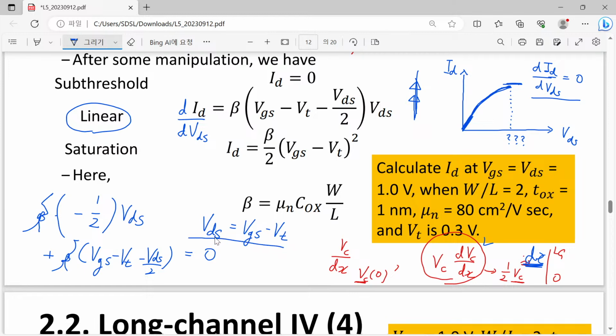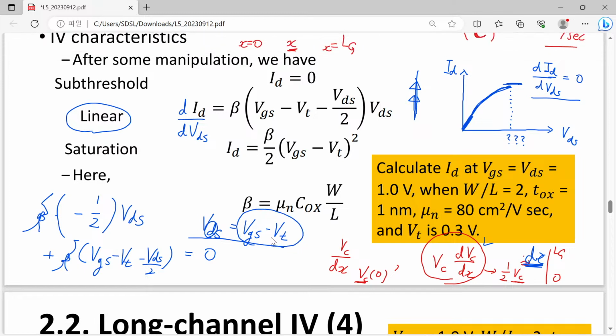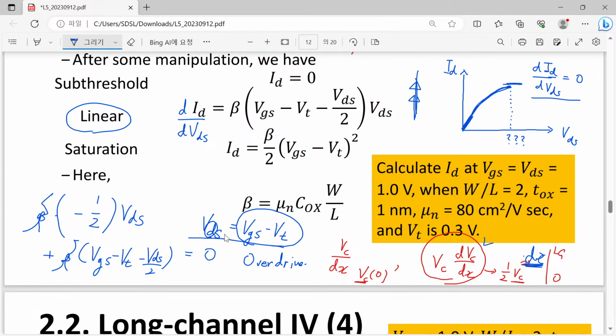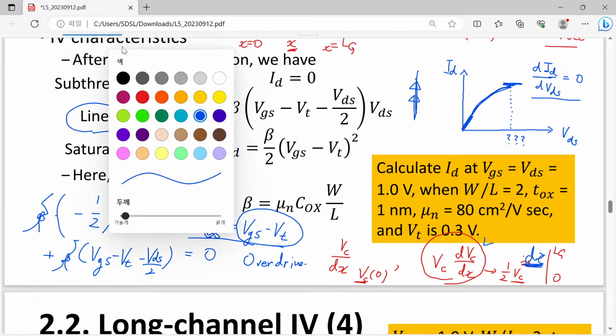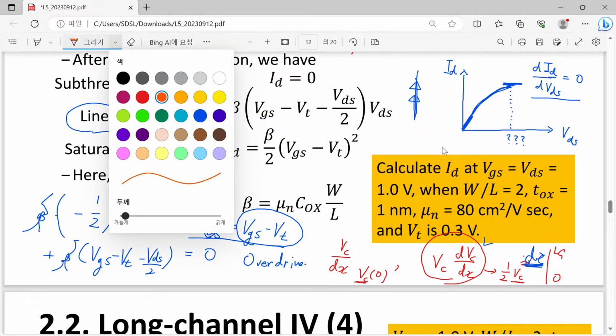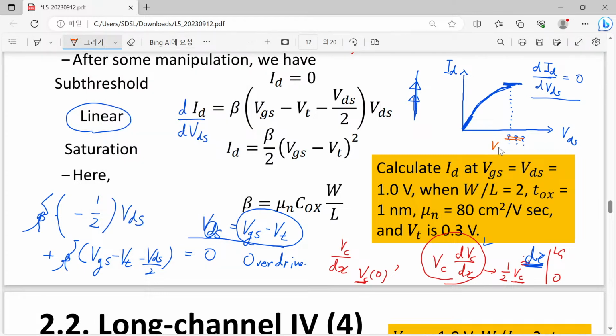Simply speaking, when your drain voltage reaches the difference between gate voltage and threshold voltage, the so-called gate overdrive voltage, then you will reach the vanishing gradient of your ID current. Of course, we can try to apply this expression beyond this point, which is given by VGS minus VT.